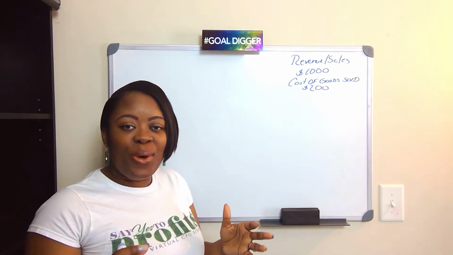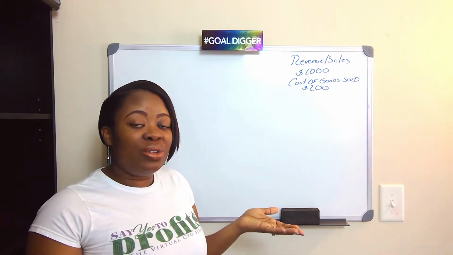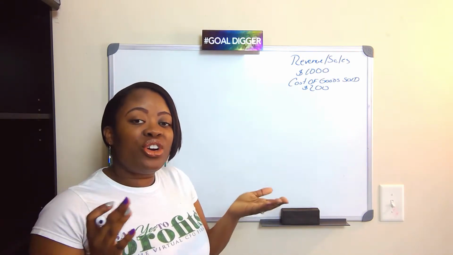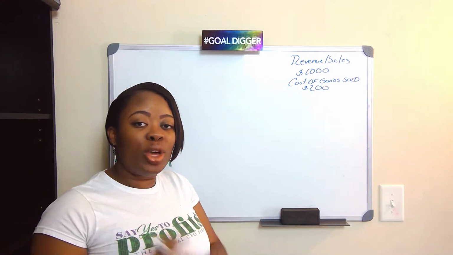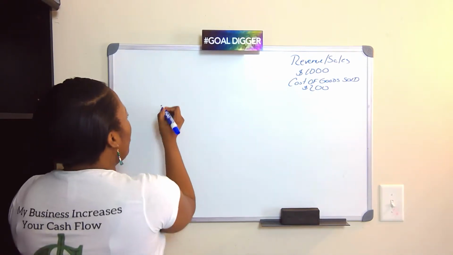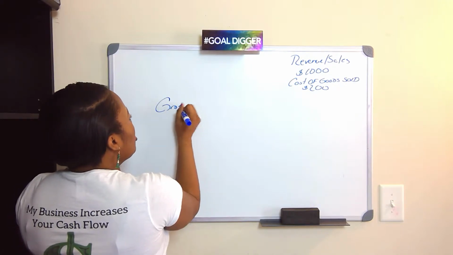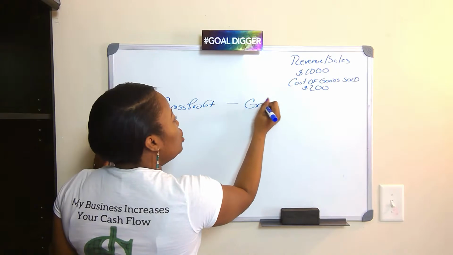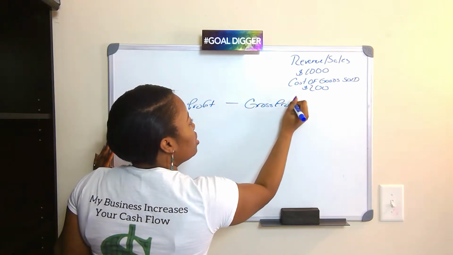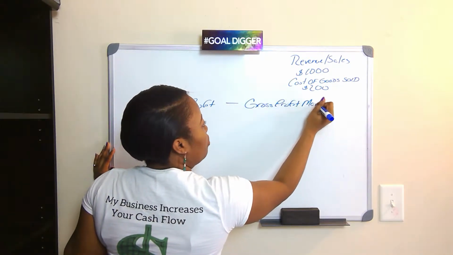Now that you know your revenue or your sales and your direct cost or your cost of goods sold, now you must move to the next two important numbers, which are your gross profit and your gross profit margin.